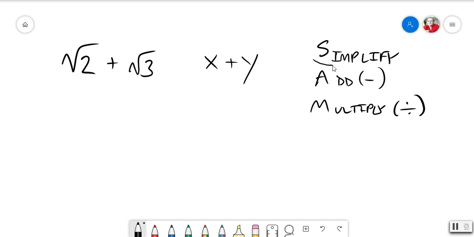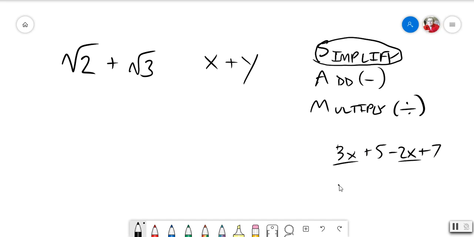The simplify part's kind of what I'm interested in here. If you had 3x plus 5 minus 2x plus 7, the x's are like terms. 3x minus 2x is 1x, just x. 5 and 7 are like terms. You get 12. You can't go farther than that. Cannot add apples and oranges. This is always where algebra teachers talk about fruit.